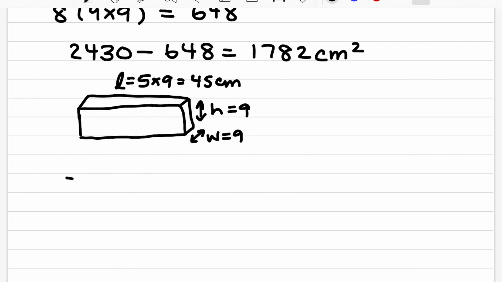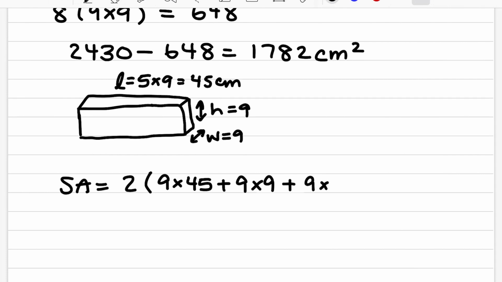Now we can use the surface area from before. 2 times width times length plus width times height plus height times length. I'm not sure if I said that in the same order, but because it's addition, it doesn't really matter. So you can multiply those together using your calculator.